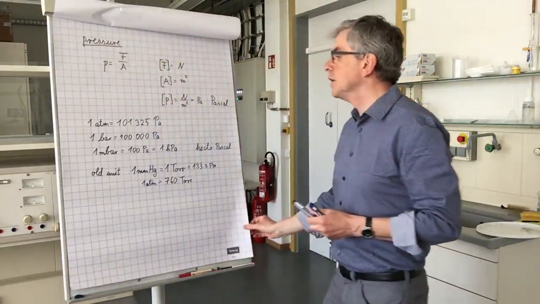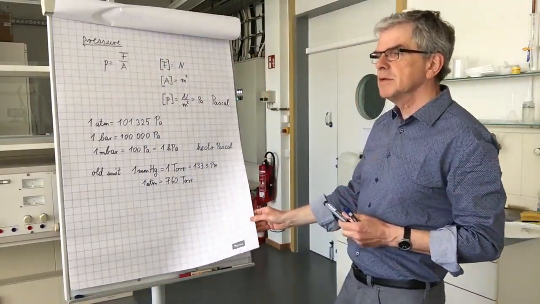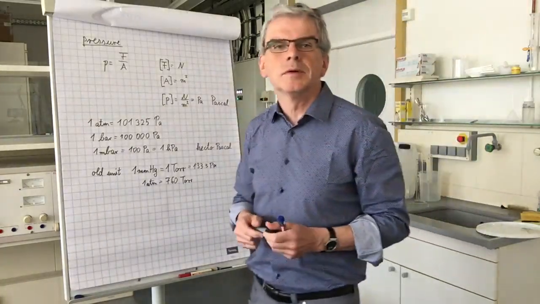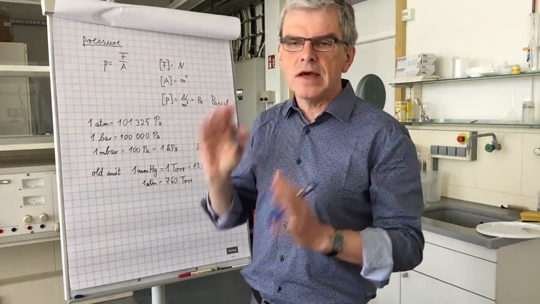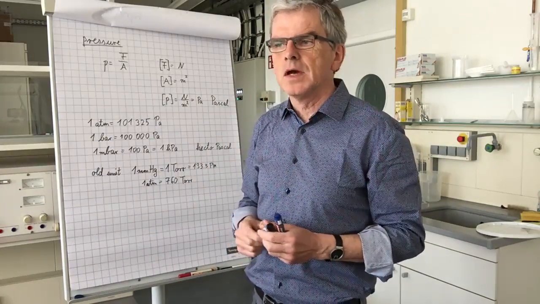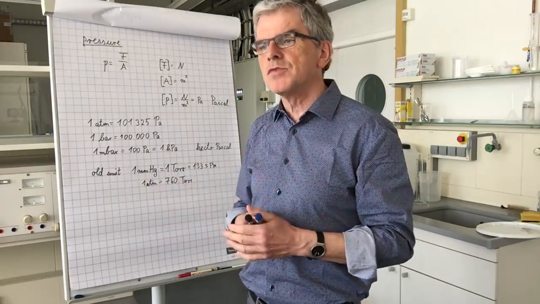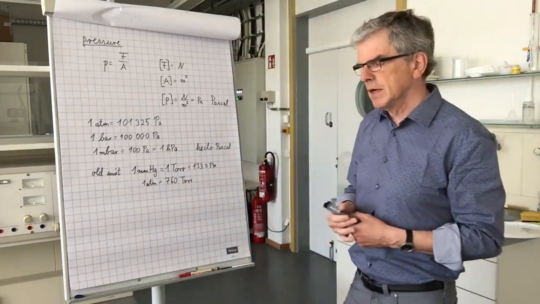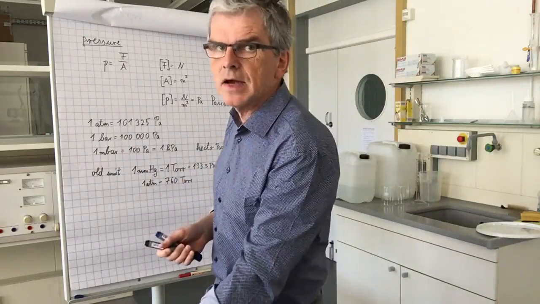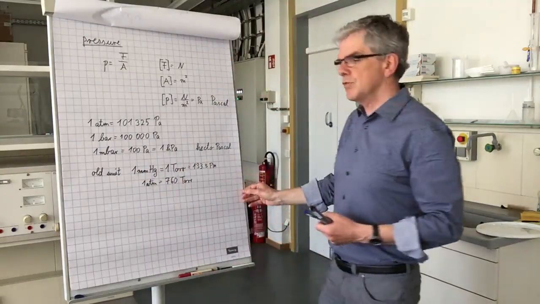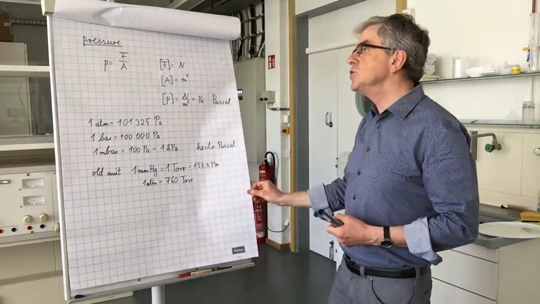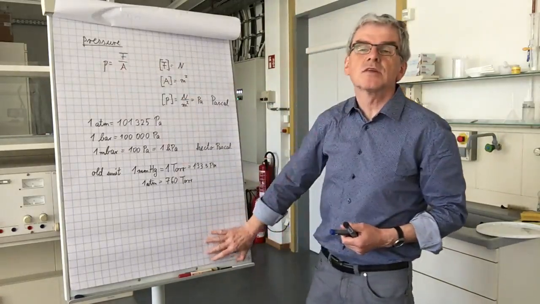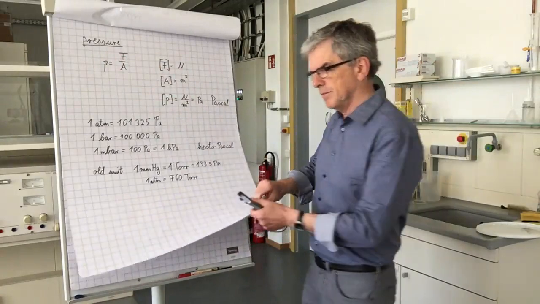So for our experiment, the goal is to measure the density of some objects, and we measure this density of the object with Archimedes' principle. And in order to understand Archimedes' principle, we have to first introduce a quantity which is based on this pressure, that is called the hydrostatic pressure.